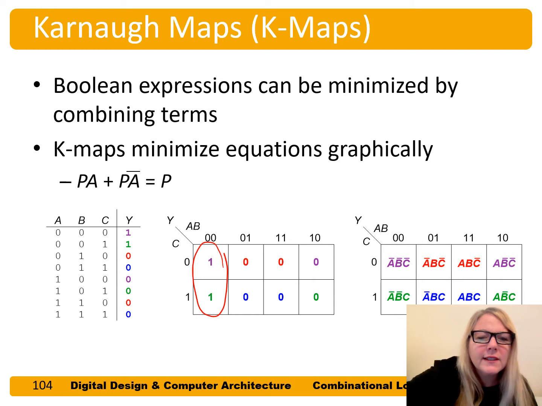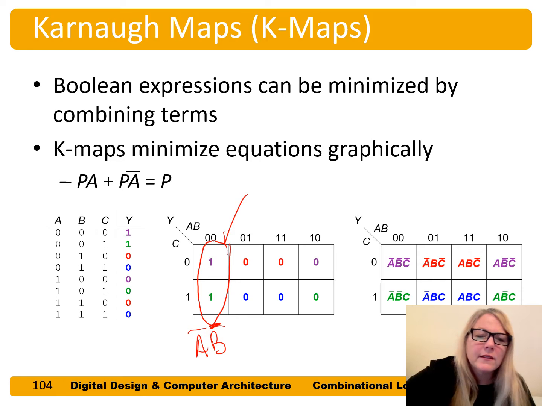But we can do this graphically and see that the C term has a true and complement form already included in that circle, so we're not going to include the C term in that implicant, in that product term. We're only going to include terms that have only one form of that variable in the circle. So A has the bar form of A in that circle, and B has the barred, or complement, form of B. So Y is equal to A bar, B bar.